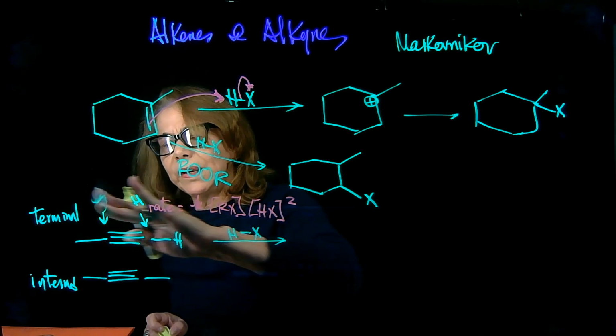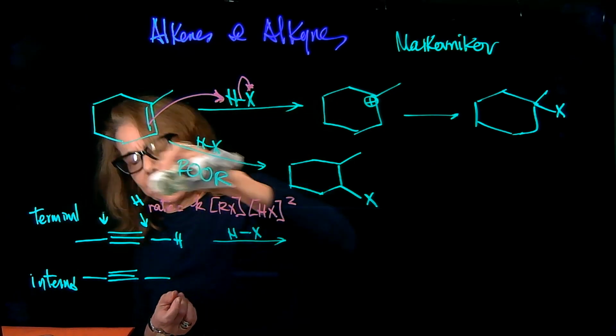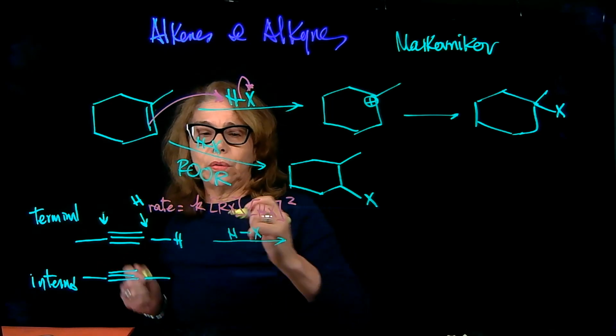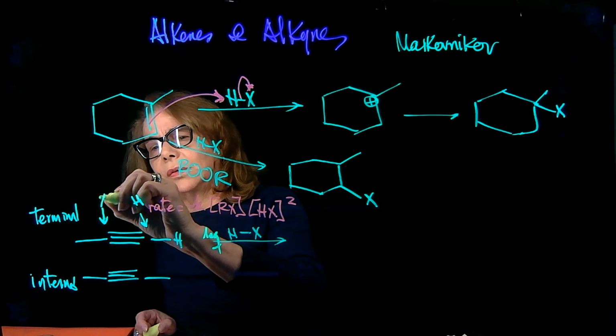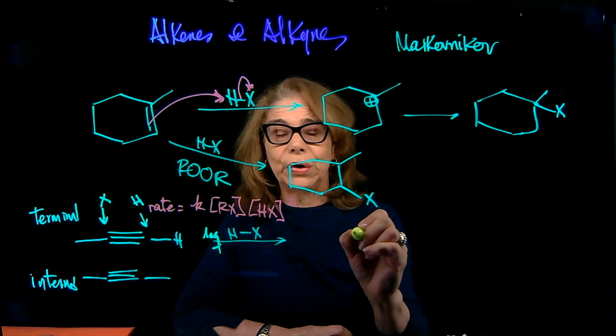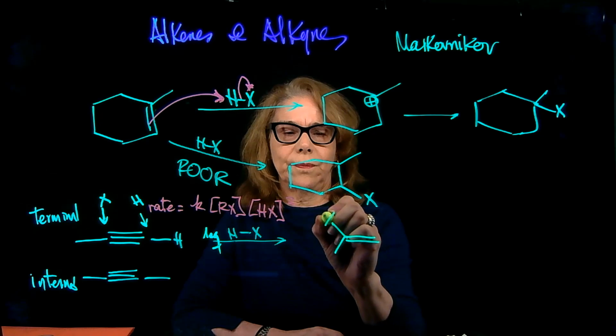Now what is different is this. Say that we have one equivalent. If we have one equivalent, we will add only one H and one X, so we are going to form an alkene here.